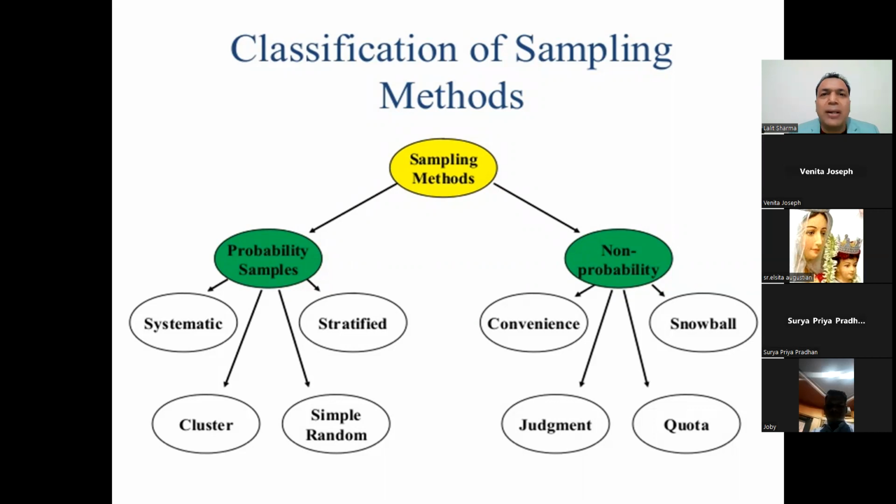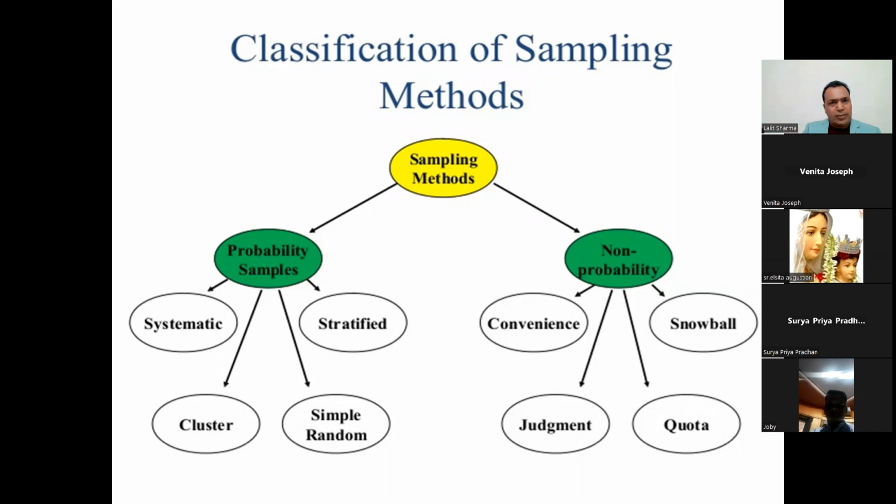Probability sampling means there is a probability, a chance, for every person to be selected. Non-probability means there is no probability, no chance. We can take the sample from our choice.